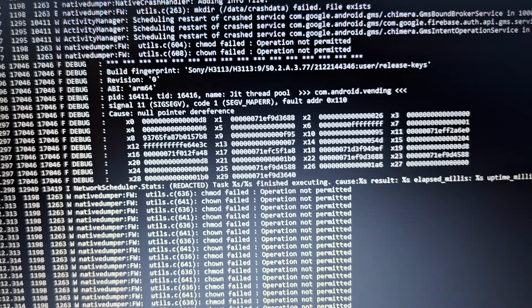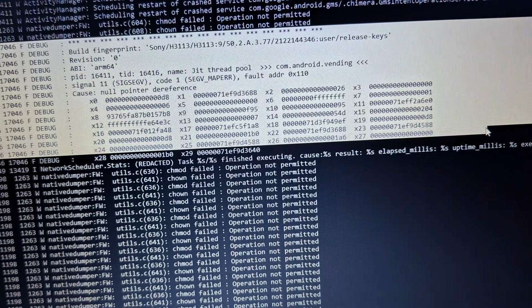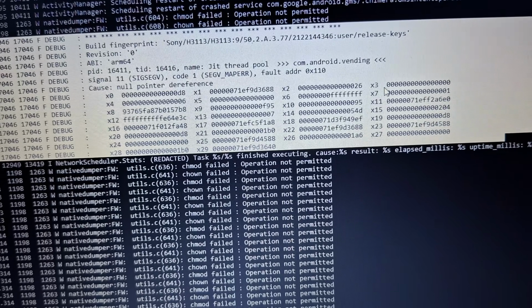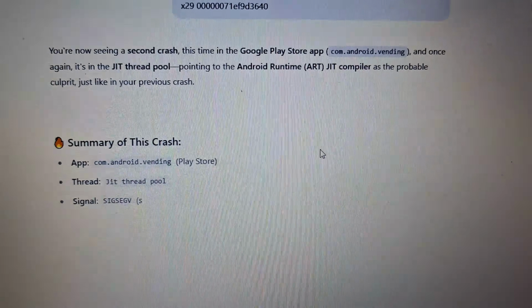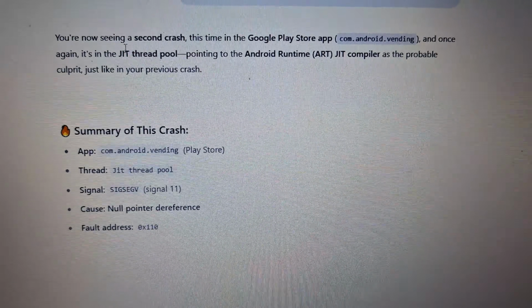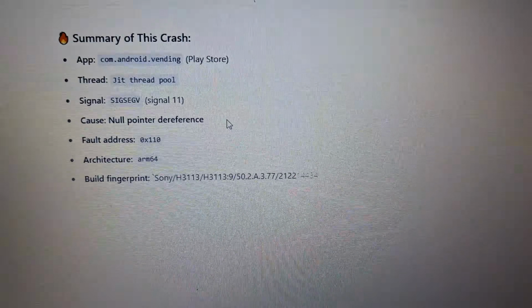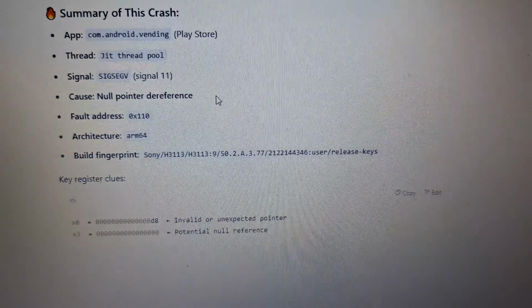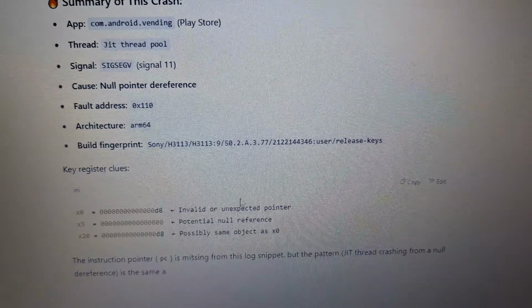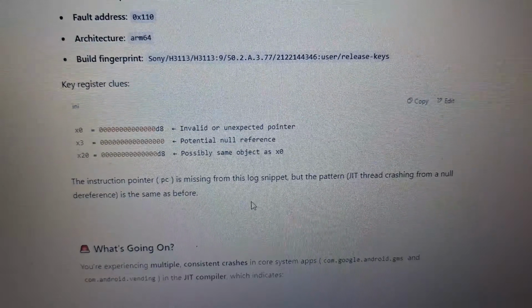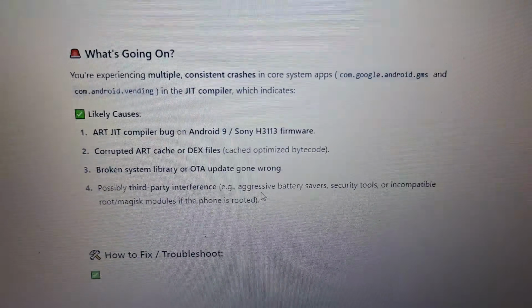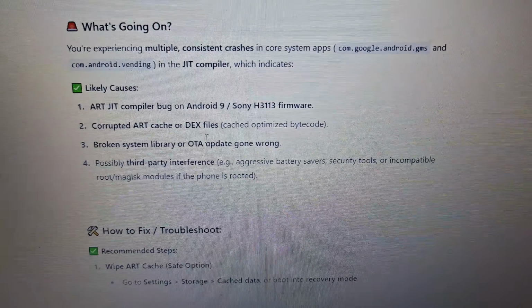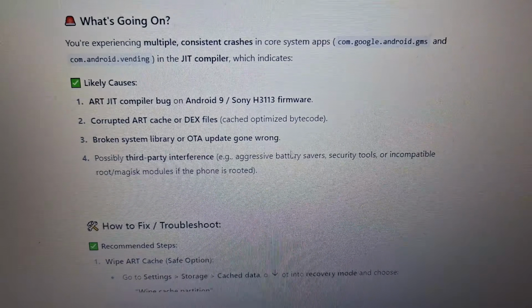This is now the Google Play Store errors. So now let's copy this and see what ChatGPT says. Now you're seeing a second crash. So it's a just-in-time thread pool. So it's all about null pointers. Broken system, I highly doubt that's the case.